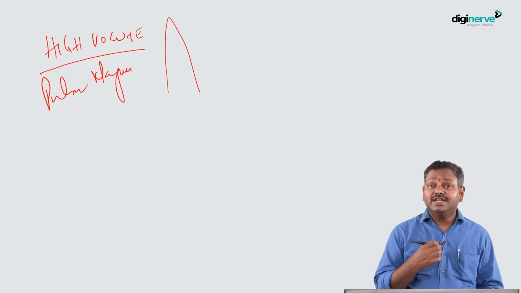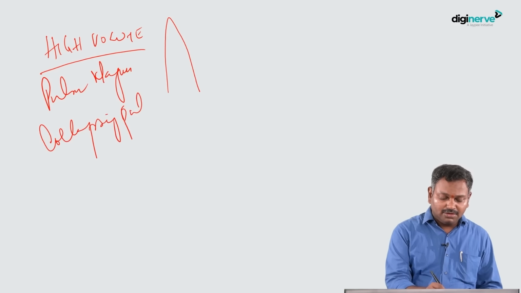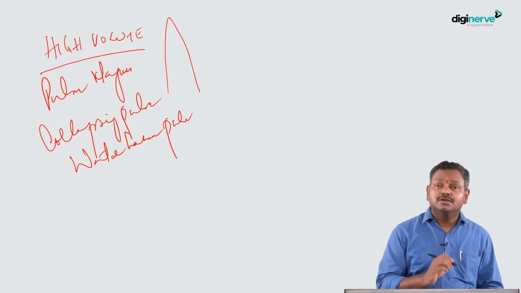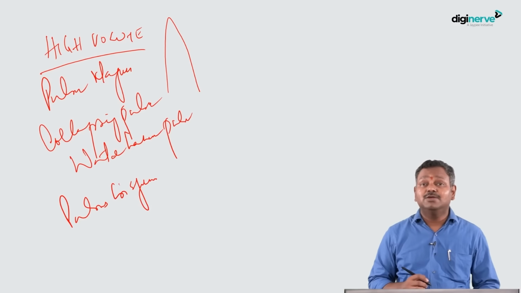Under that, you could get certain types, like you could have a collapsing pulse or what is called the water hammer pulse. Also, to a certain extent, the pulsus bisferiens comes in the high volume.